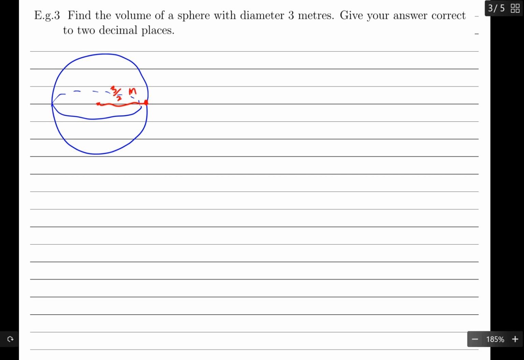I'm going to leave it as 3 on 2 because improper fractions are easier to deal with. So V is 4/3 pi r cubed, and if I substitute in, that's 4/3 times pi times 3/2 cubed.